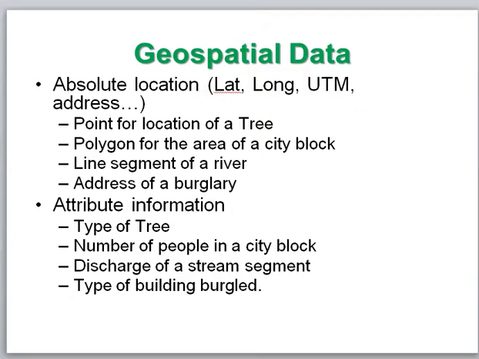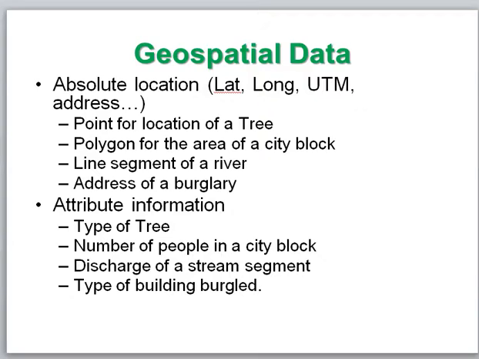And each of those, the point, the polygon, and the line, are identified with assemblages of latitude and longitude points, so that I could have 1 XY for a tree and at least 4 XY to close in that polygon for a city block. I would have to have 5 to close in a square polygon. And then the line segment, so one segment of a river would have 2 XY, the beginning of that line segment and the end of that line segment.